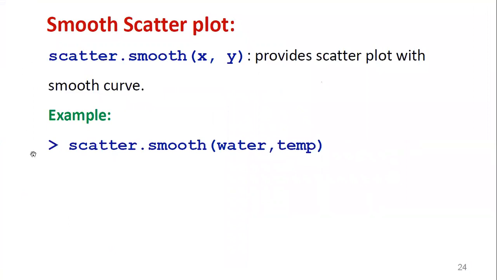Then coming to the smooth scatter plot. With the same data vectors, x and y, that is water and temperature, by using the command scatter.smooth(water, temperature).